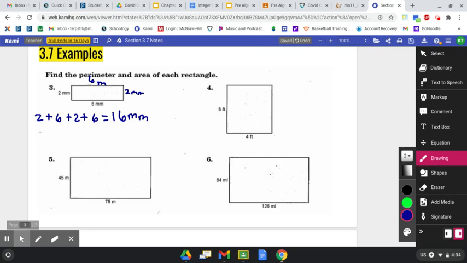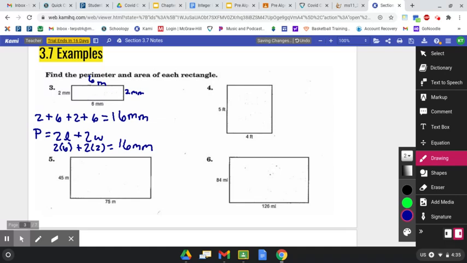Let's look at one of the other formulas, where we have perimeter equals 2L plus 2W. And so we could say 2 times the length of 6 plus 2 times the width of 2. Again, we'd have 12 plus 4, which would get us 16 millimeters either way.